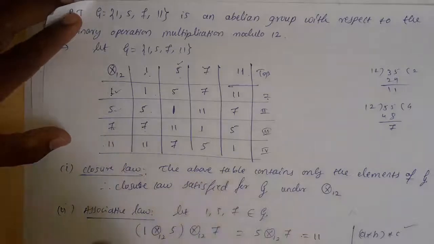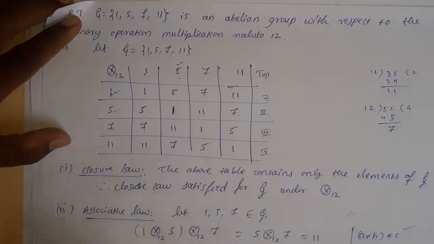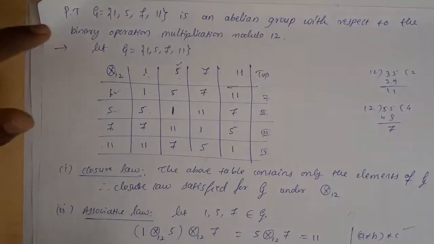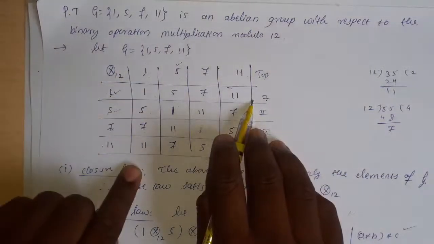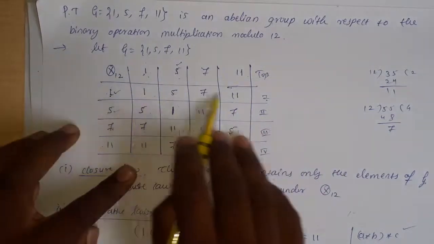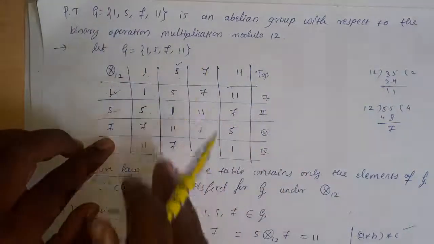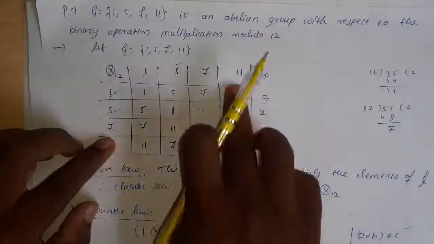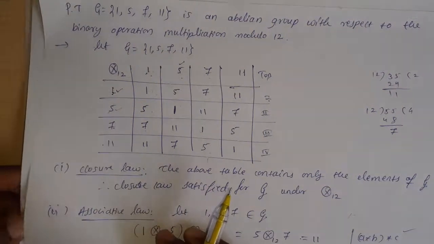If each row and each column are one and the same, then we can say that the commutative law is satisfied for the given set G. Means if you consider the first row, then you have to consider the respective column: first column, second row, second column, third row, third column, fourth row, fourth column. If they are equal, then we can say that the commutative property is satisfied for the given set.